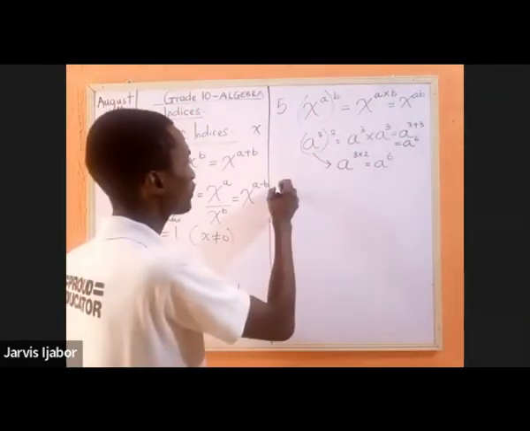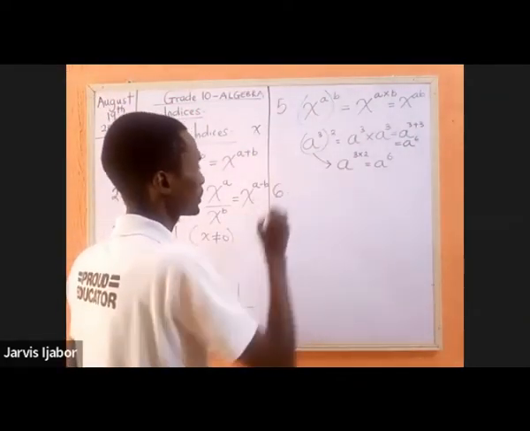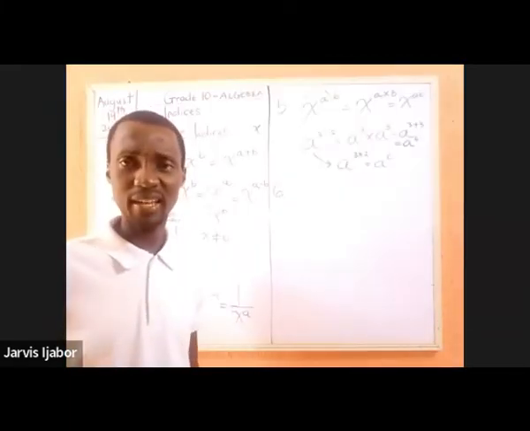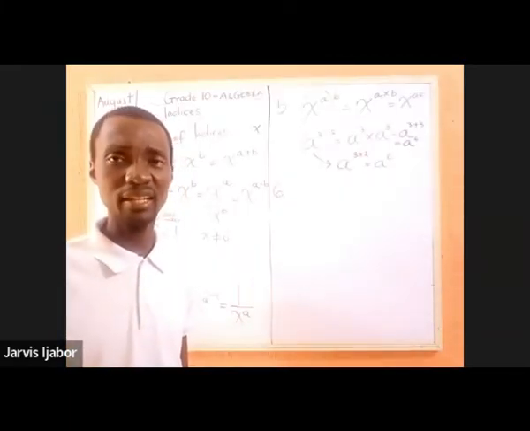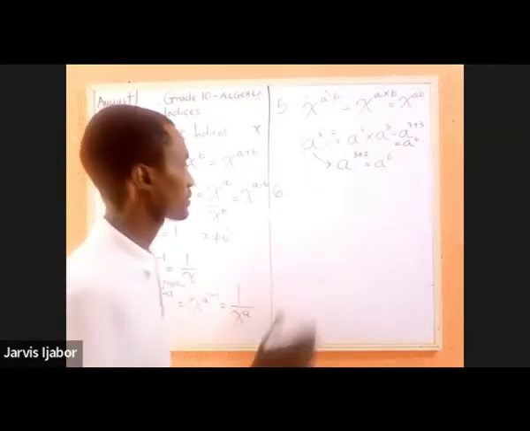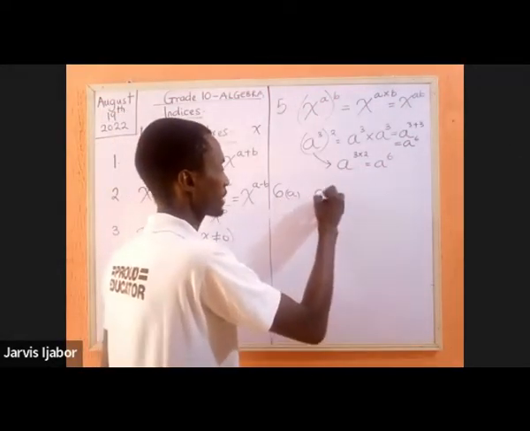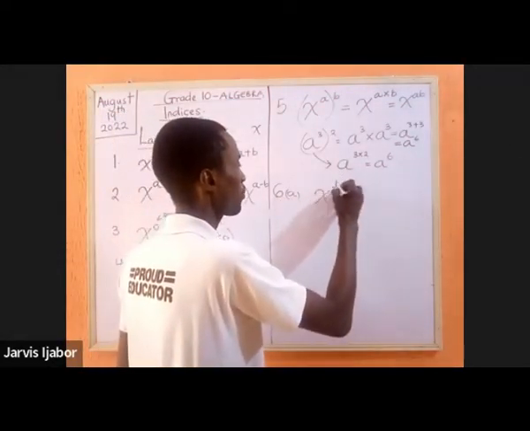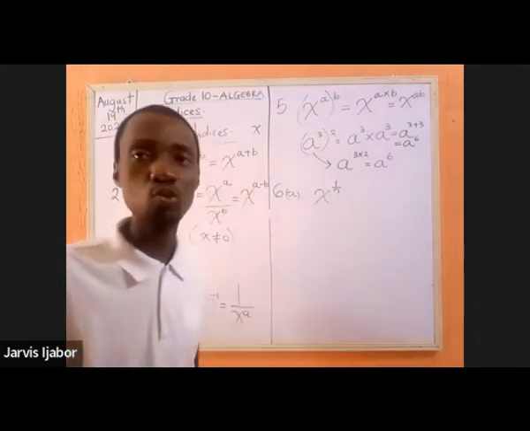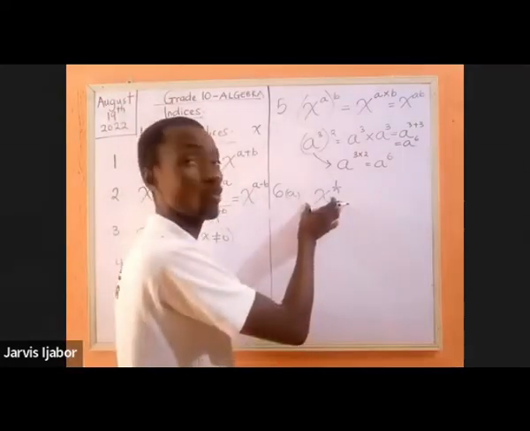There's also the one we call fractional index. Now there are 2 variants to this. Variant A says if x is raised to the power of 1 over n. We usually use n to depict roots. So this is the concept of roots now.